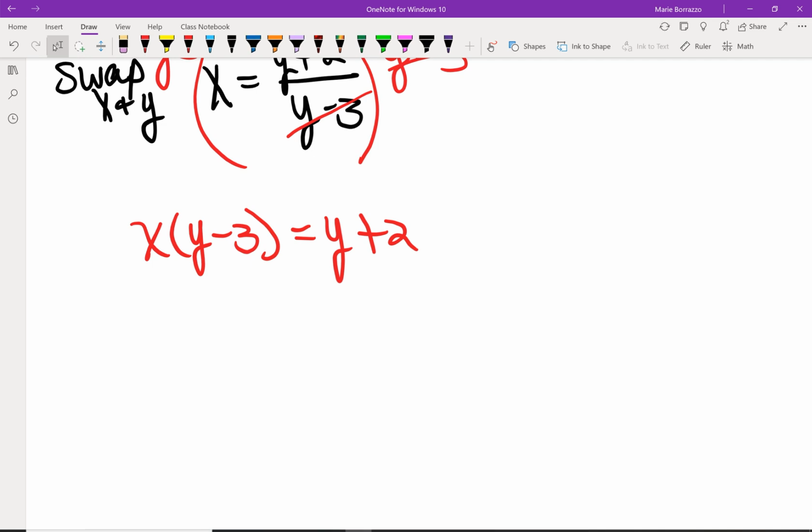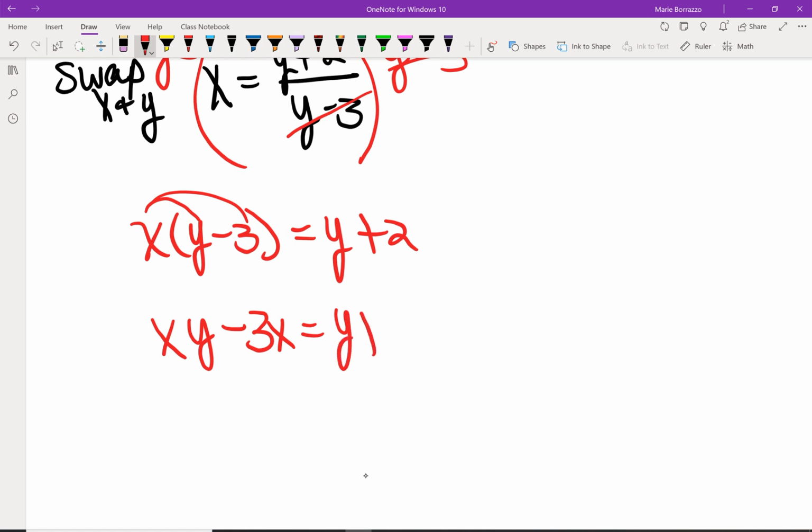Okay, now we do a little math. We go ahead and we distribute our x. We end up with xy minus 3x is equal to y plus 2. Okay, and this is the stage where most people start to freak out a little bit. And I don't need you to freak out. I need you to move anything with a y to the same side. So I'm going to subtract the y over here.